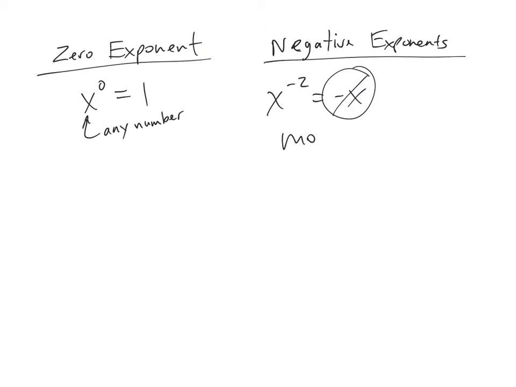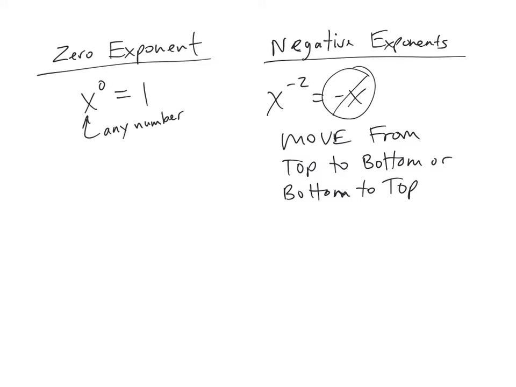They move the exponent from top to bottom or bottom to top. It's that simple. They just move the exponent, and then they make it positive. So once it moves, it becomes positive.